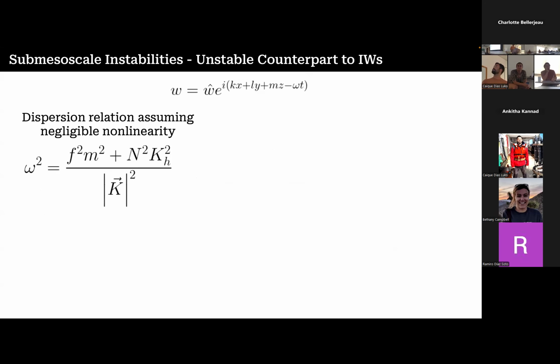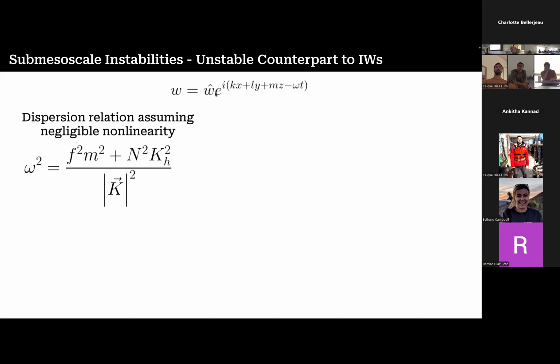Now, from yesterday, we found that the dispersion relation of internal waves is this one on the left. If the right-hand side is positive, we plug this back into the expression for w, and we have oscillations.